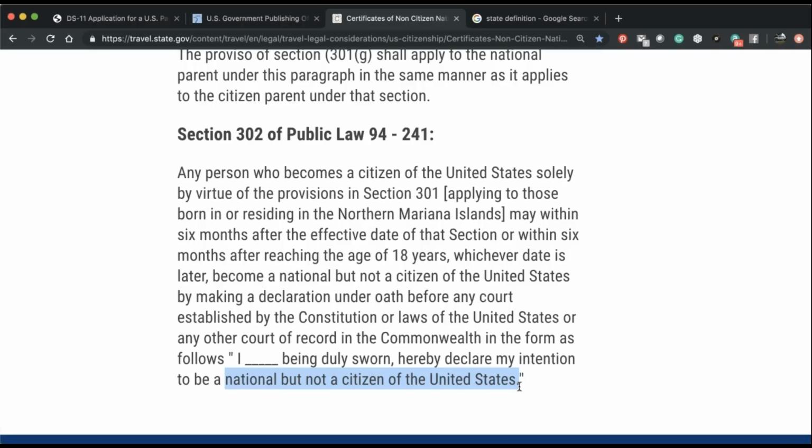Even if you have some tribal affiliation, some indigenous blood, and you know those tribal names, you can say whatever that tribal name is right in front of this, national but not a citizen of the United States. But do not break this up when you do your statement. This is very important. All right? Got it? Any questions?